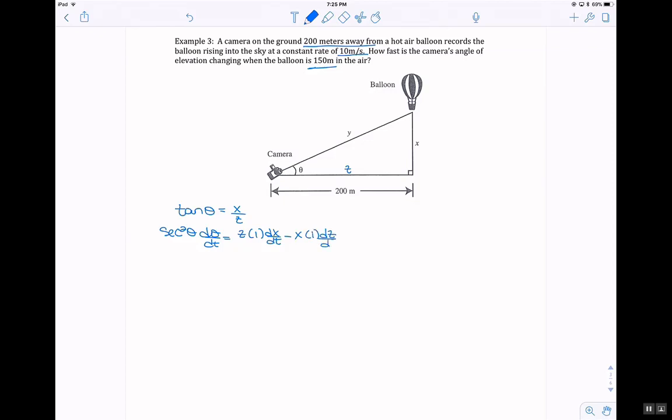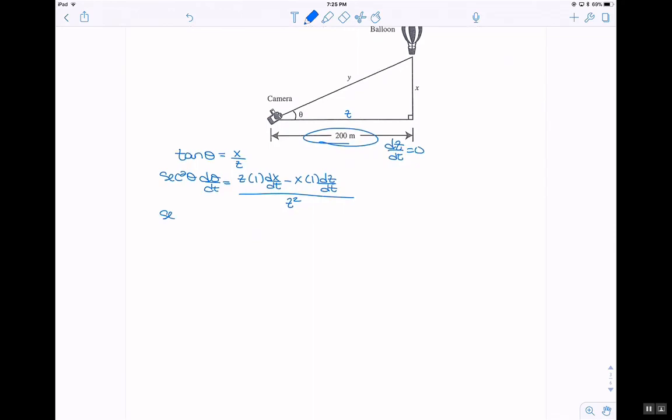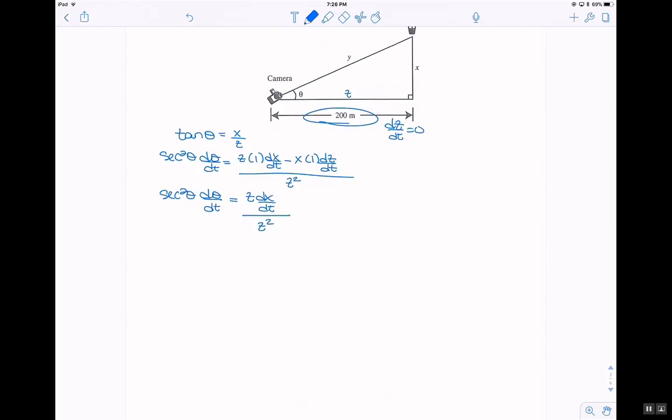So low d high minus high d low over low squared. And then this is a fixed 200 meters, so dz/dt is equal to 0. So secant squared theta d theta/dt is equal to z dx/dt minus 0, all divided by z squared.